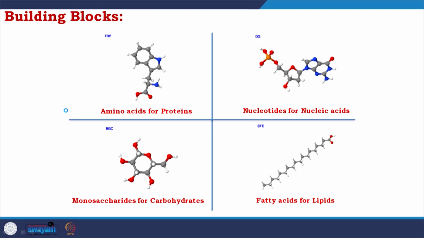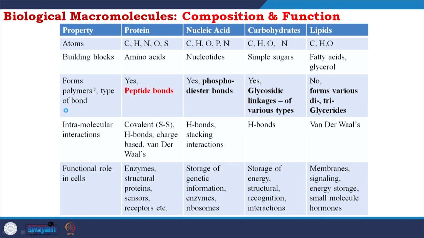Coming to the building blocks, as we have already discussed, amino acids are building blocks of protein, nucleotides are building blocks of DNA and RNA, monosaccharides are building blocks of carbohydrates, and glycerol and fatty acids are building blocks of lipid or fat.